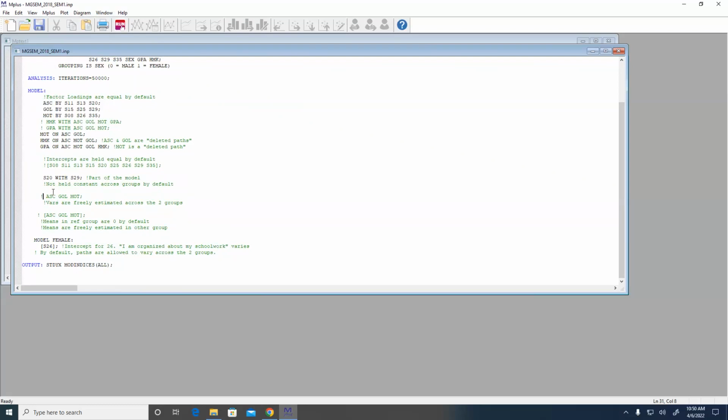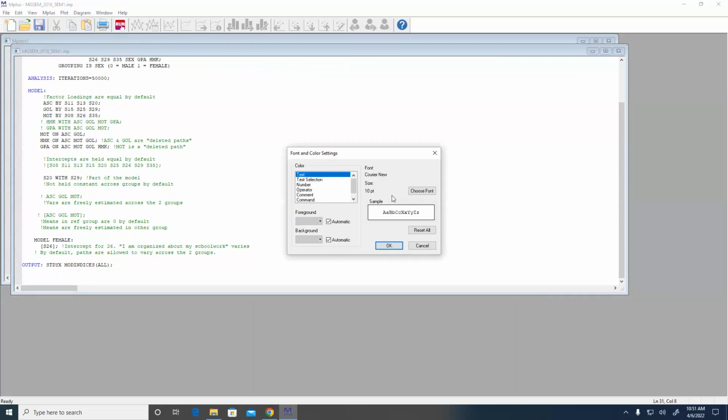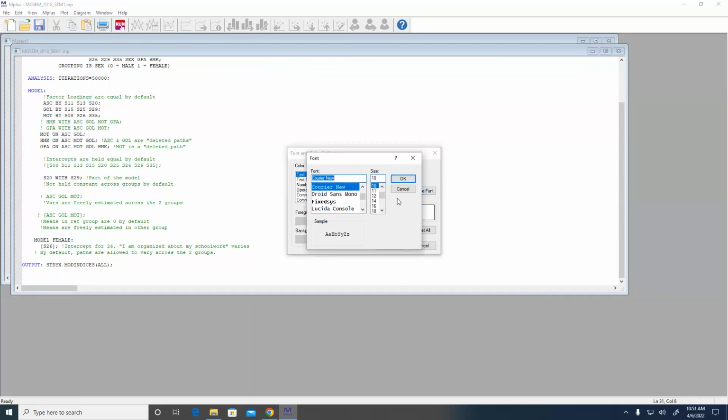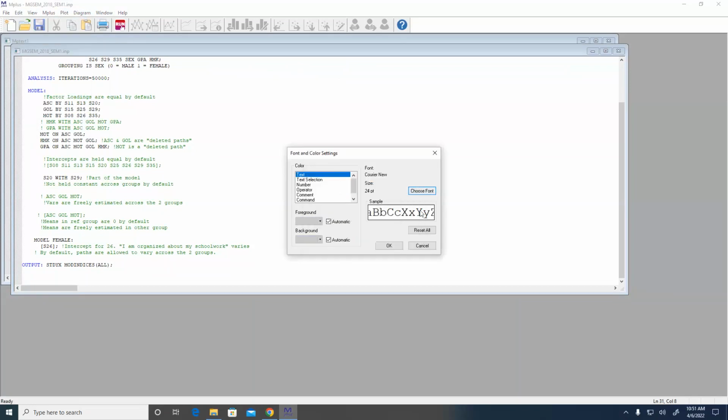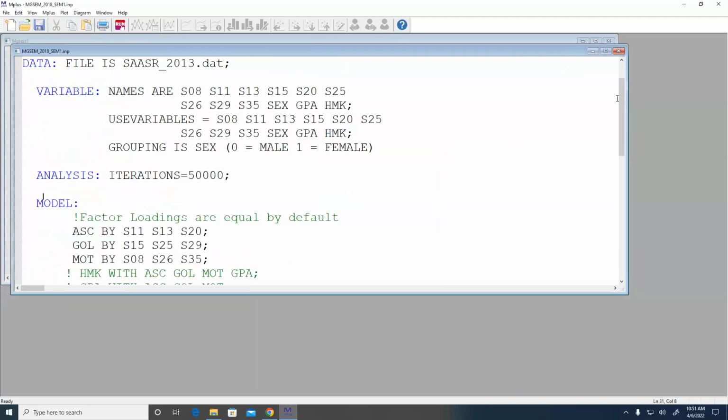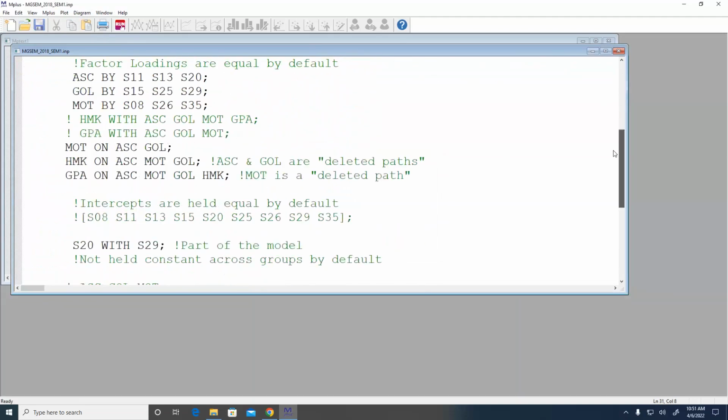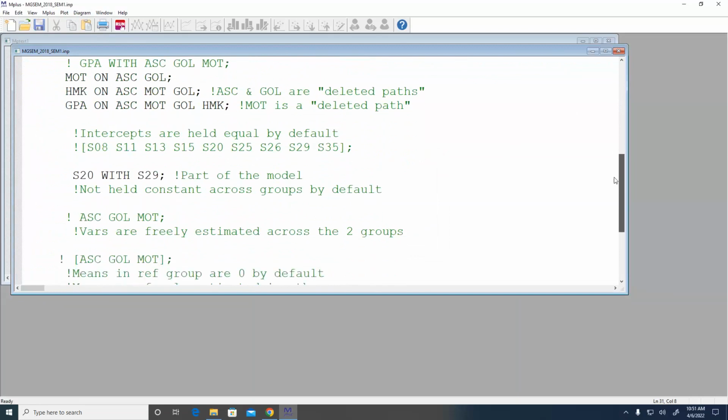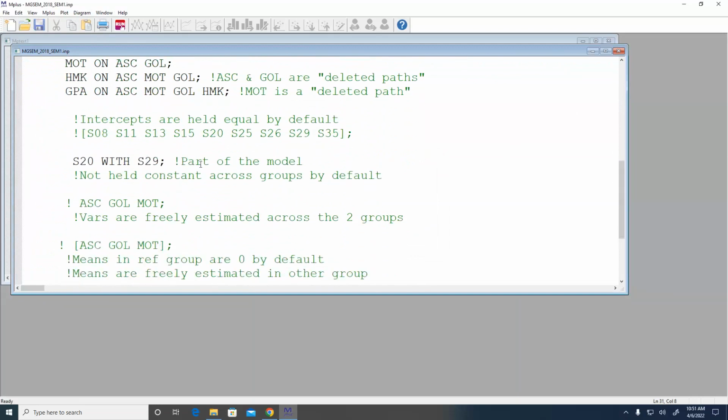Yeah, it's really not going to matter. So, everything here has to be in the model, right?